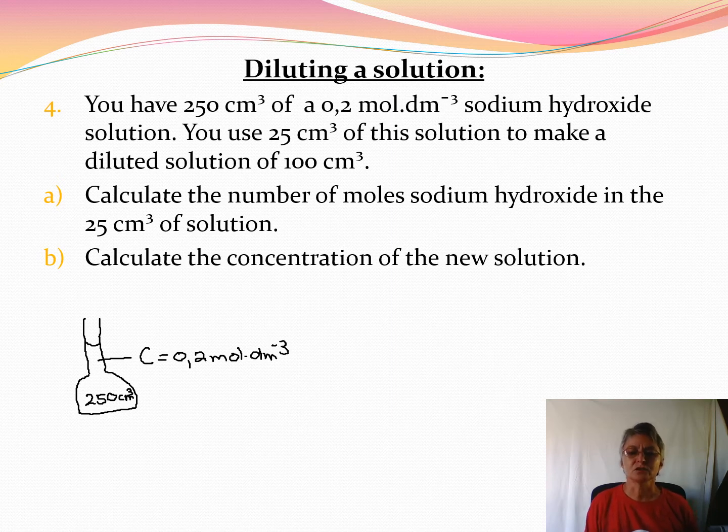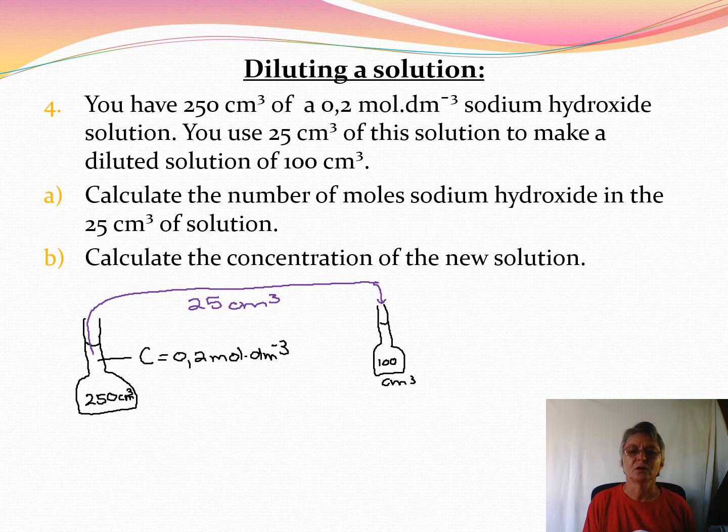From this solution, we take out 25 cubic centimeters and we place it in a second volumetric flask that's got a volume of 100 cubic centimeters. So that goes in there.